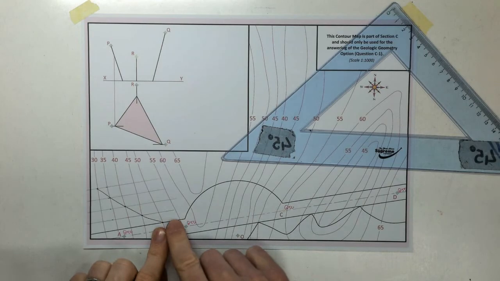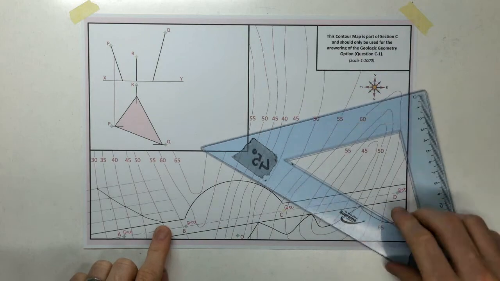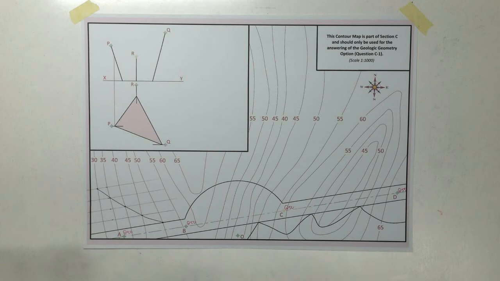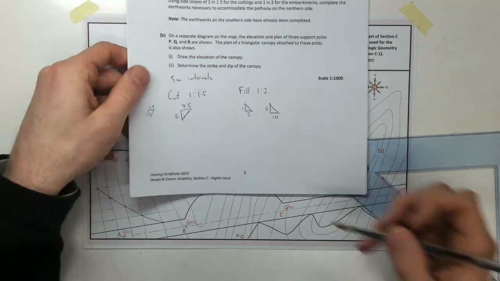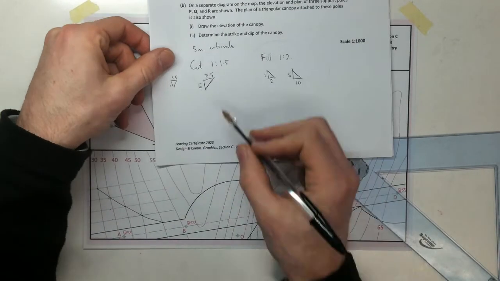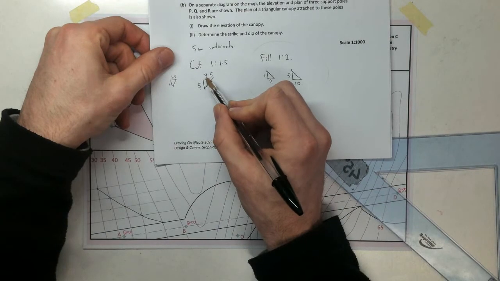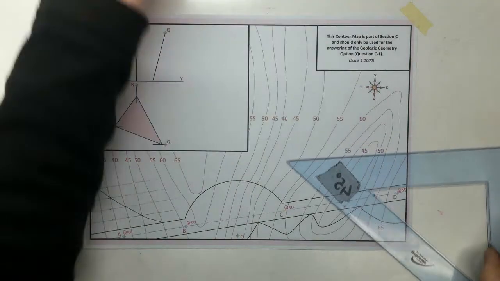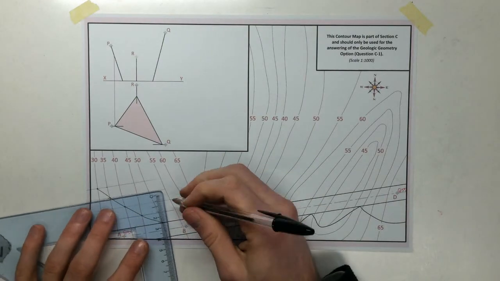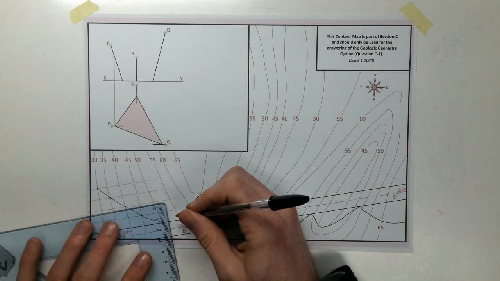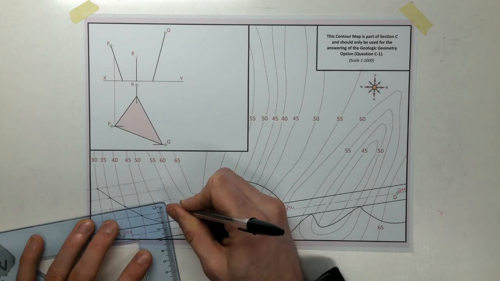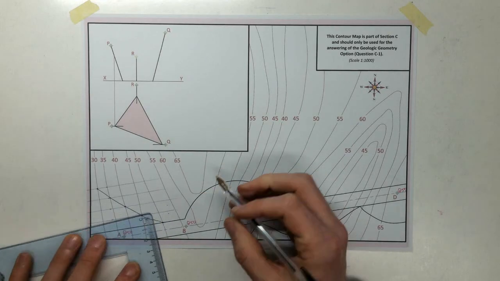This section of the road still isn't complete, so we need to do a cut in this little portion. So if we're doing a cut into this section, that's our 5-meter vertical intervals, and we're traveling at 7.5. So we need to go 7.5, and another 7.5.